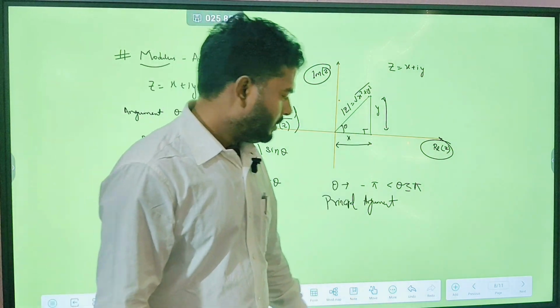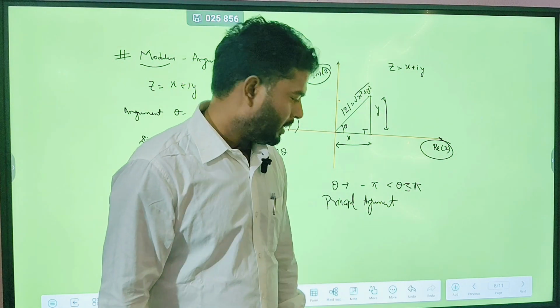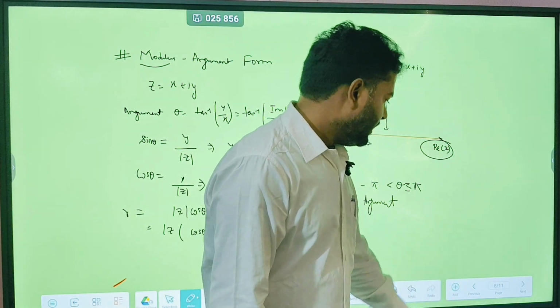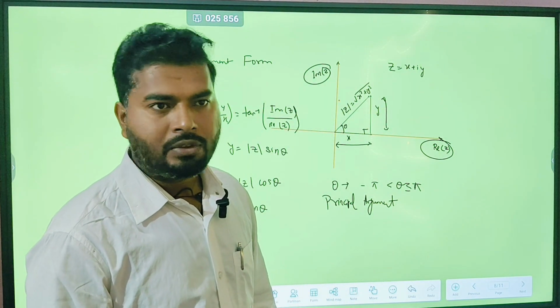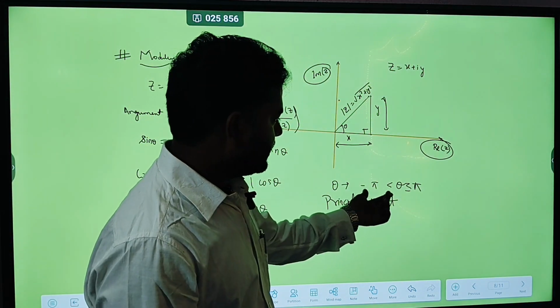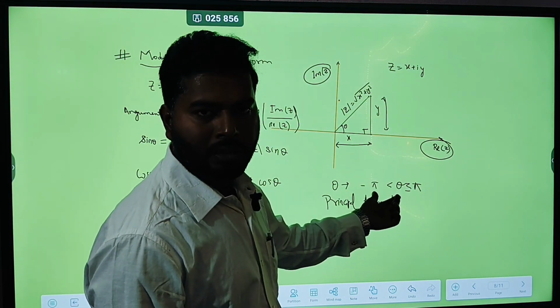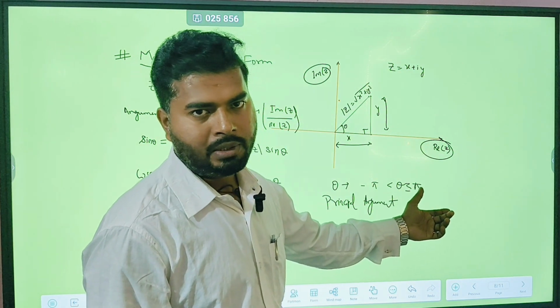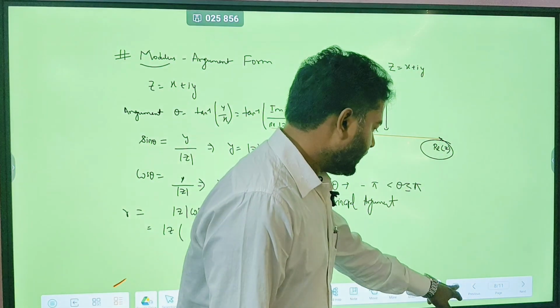Principal argument is one of the confusions, so we'll discuss what the principal argument is and how to find it. The principal argument can vary from minus pi to pi, right? Minus pi is when measured clockwise, and we get a positive angle when measured anti-clockwise, right?